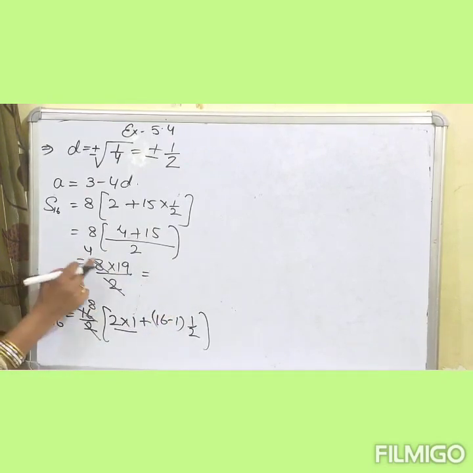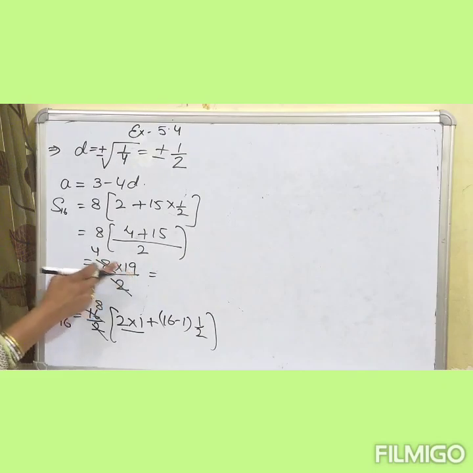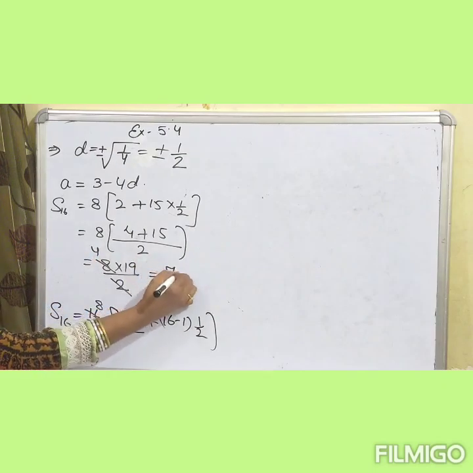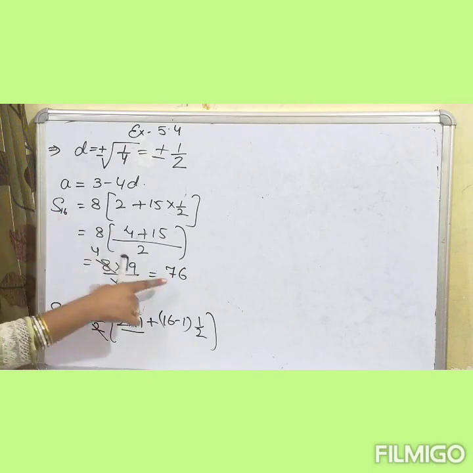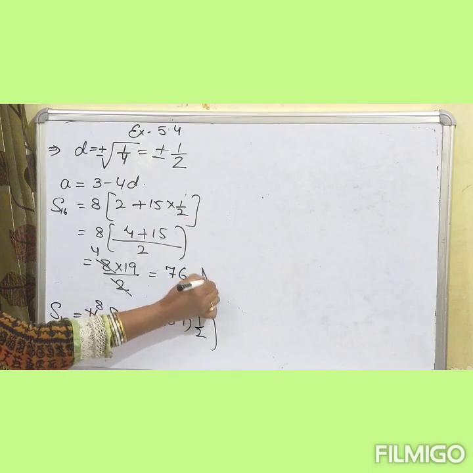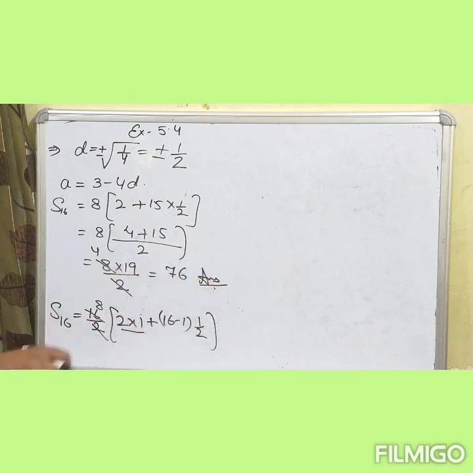So 4 into 19, 19 4s is 76. So from case 1, we get S16 as 76. This is the first answer which we get from case 1.